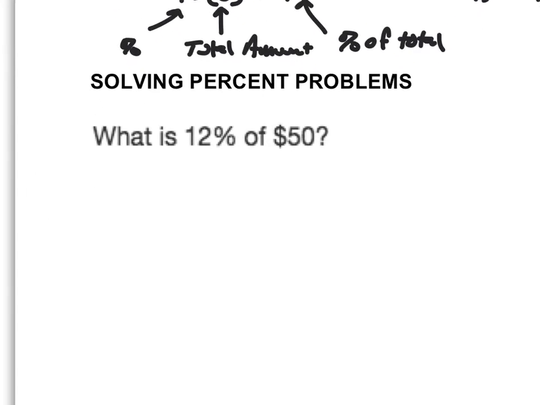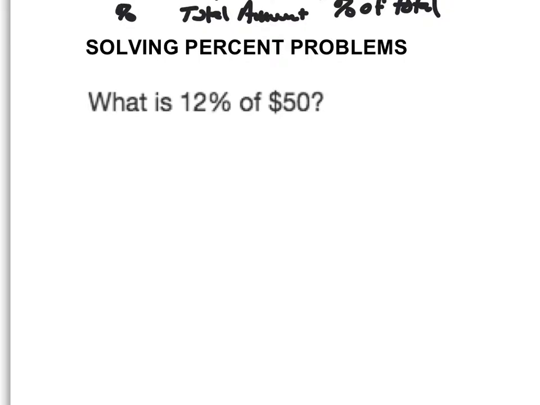We're going to solve these percent problems. The first one says, what is 12% of $50? What I would do in this scenario is write down P times B is equal to A. So 12%, that's going to go for P. P is going to be 12%.